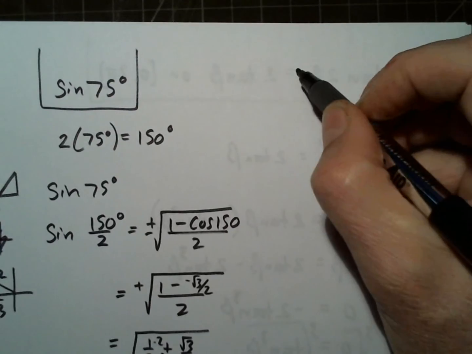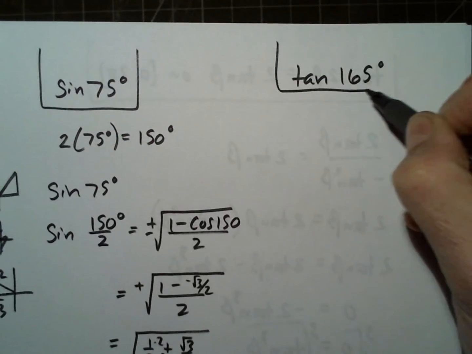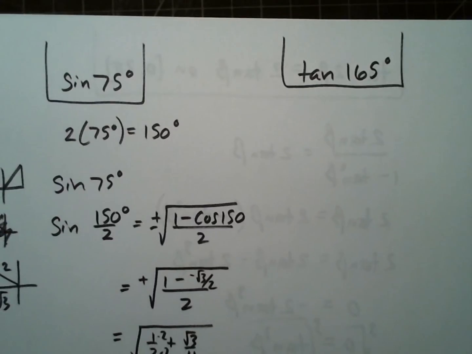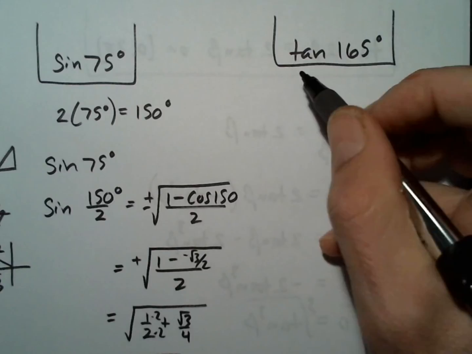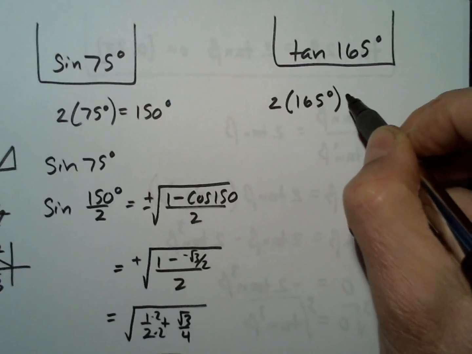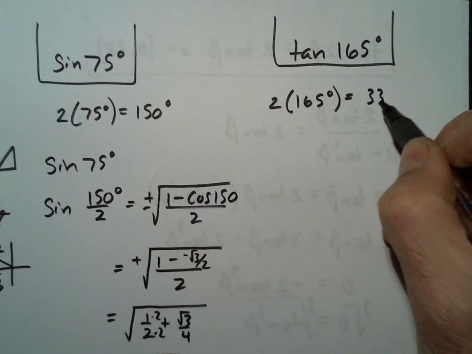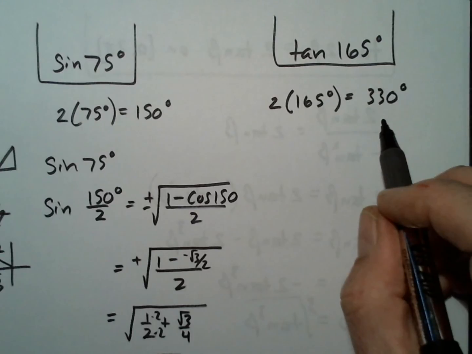Let's try one more. So go ahead and do the same strategy for tangent of 165. Pause the video. So we know that 165 is half of 330.